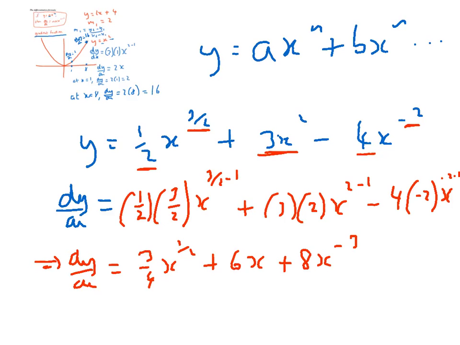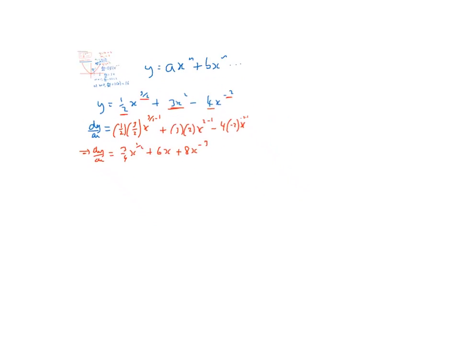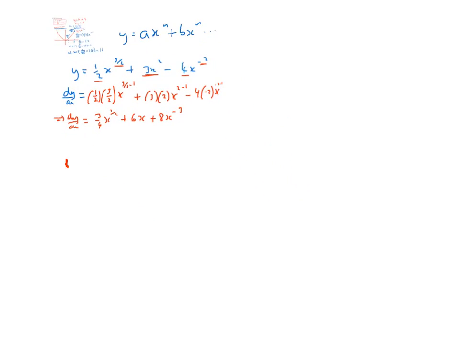And just to make ultra clear, if I had something like y equals 20x plus 10, what's going to happen is when we use this formula, anything which is just a number without an x is going to disappear once we differentiate.